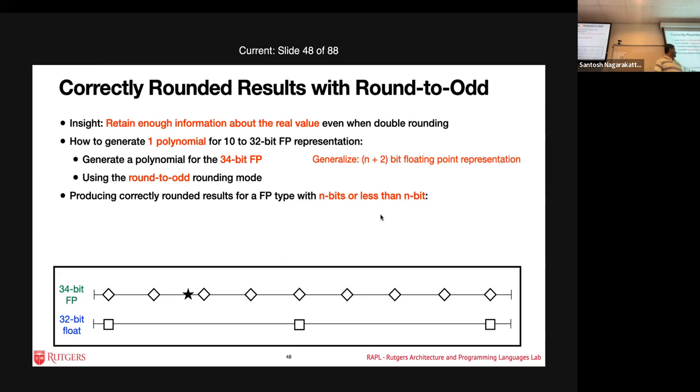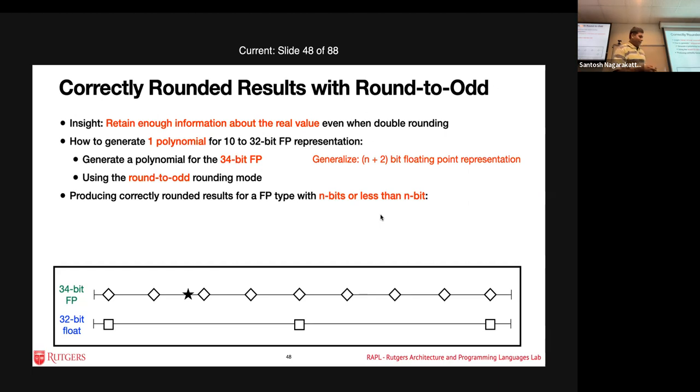This is odd, this is even, and this is odd, and this is even. So any value that is representable in 32-bit floating point will be even in the 34-bit representation, first point. And the midpoint of 2 values is also even in the 34-bit representation.